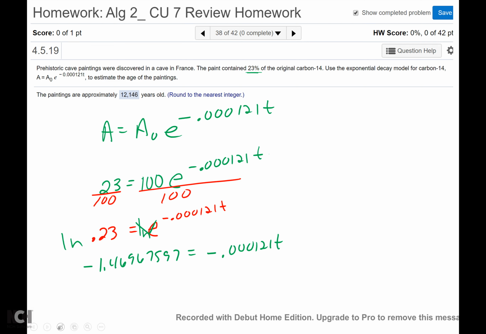So now to get t alone, I'm going to divide by negative 0.000121, negative 0.000121, and t equals 12,146.0001214, and they want it to the nearest integer. The 0 won't bump it up, so 12,146 years old.